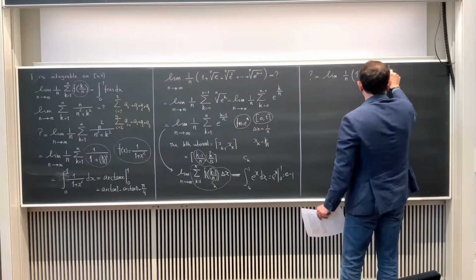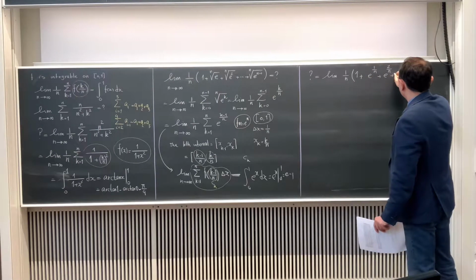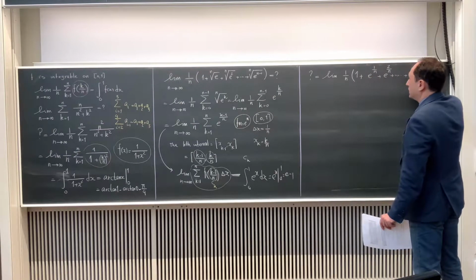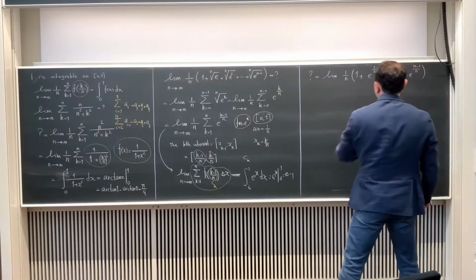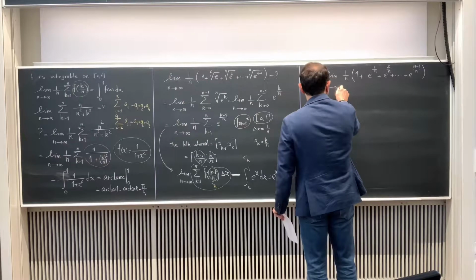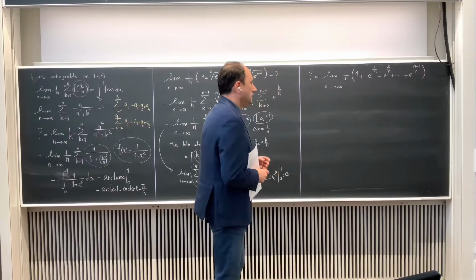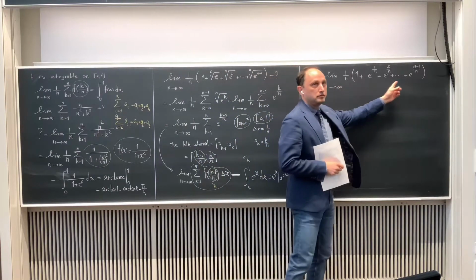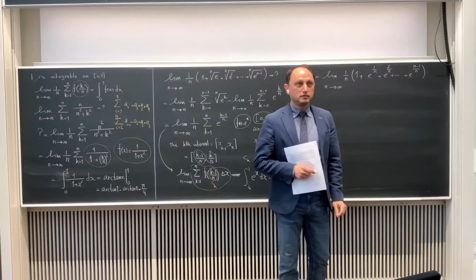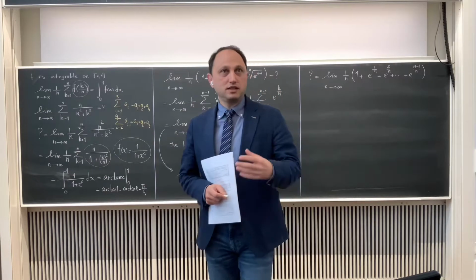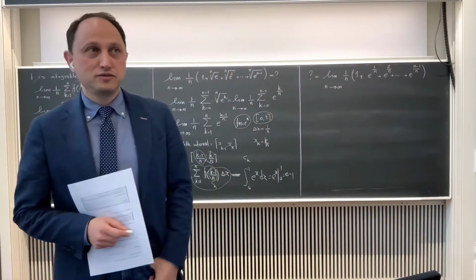Then the next one, e to the power 2 over n, and this continues up to e to the power (n minus 1) over n. And this becomes a sum for me. We will study this later, but you have studied this in high school, I think. There is a name for this sum. What is the name of this sum? You had it in high school.